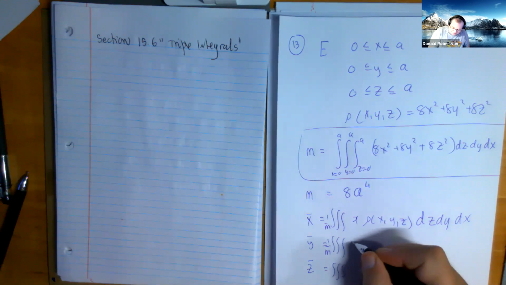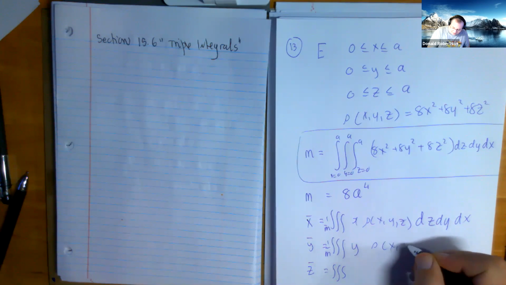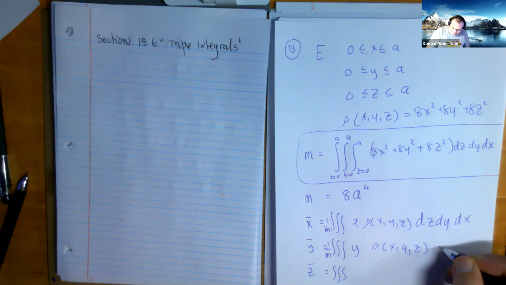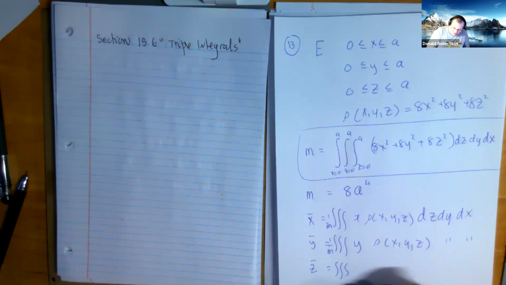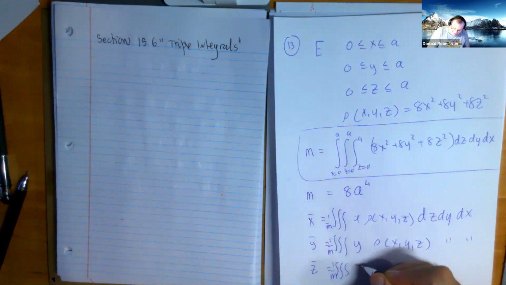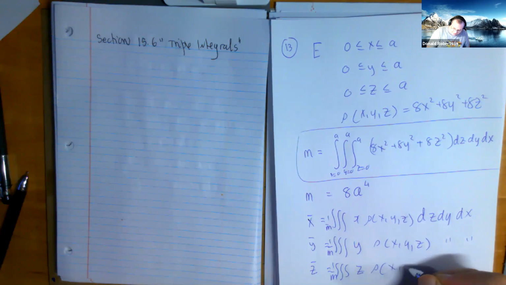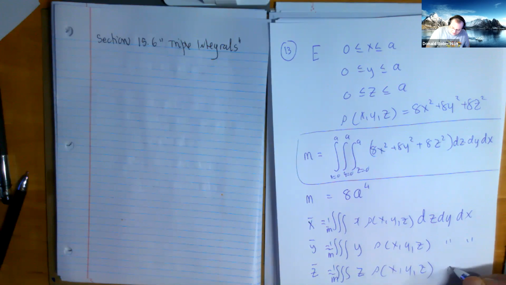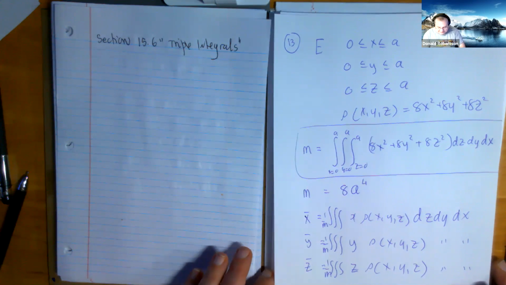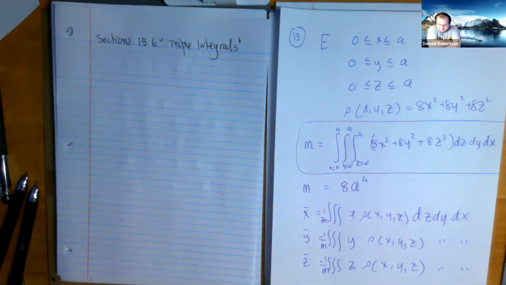One over M, Y times the density function. And 1 over M, Z times the density function. Isn't there a kind of elegant symmetry about this whole process? Agreed? The formula for the X bar, the Y bar, and the Z bar.